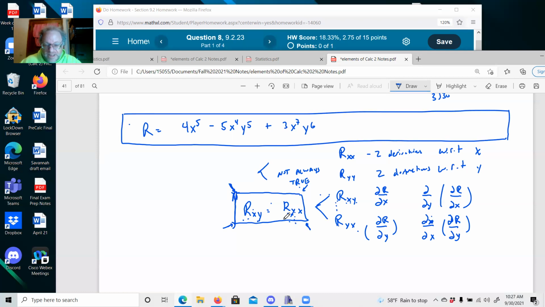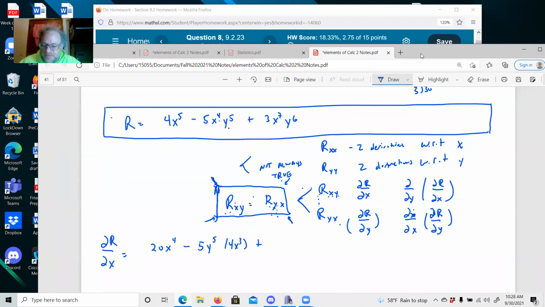Okay, let's go ahead and practice one. Take the partial with respect to x. That's going to be 20x to the fourth. Remember, y is a constant, so that's minus 5y to the fifth, and now we're taking this derivative, so that's going to be 4x cubed. Plus, is that really x to the seventh? It sure is.